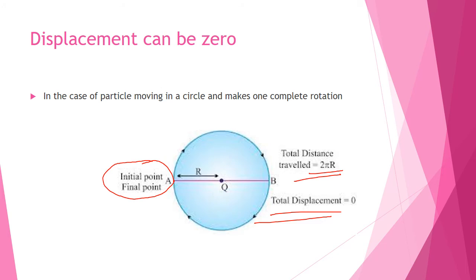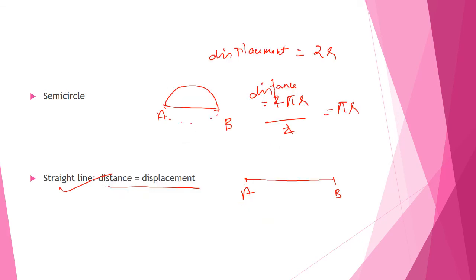So in the case of circular motion, if it makes one single rotation, the displacement will also be 0. Now we will see what about a semicircle. In a semicircle, what about the distance and displacement? Can you tell? You know that in the case of a circle, the total distance is 2 pi r. Here it is only half, a semicircle. So distance will be 2 pi r divided by 2, so you get distance as pi r.